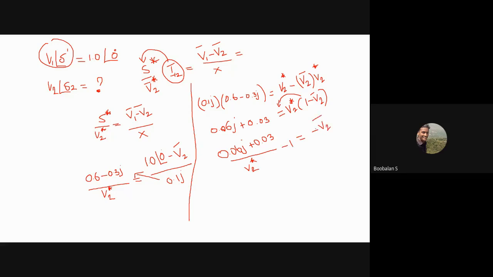I bring this minus to the left side, so minus 1 becomes plus 1, and minus 0.06j minus 0.03. The entire thing is equal to v2 complex conjugate, here actually v2.